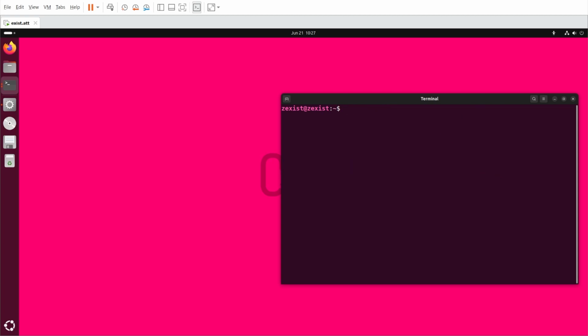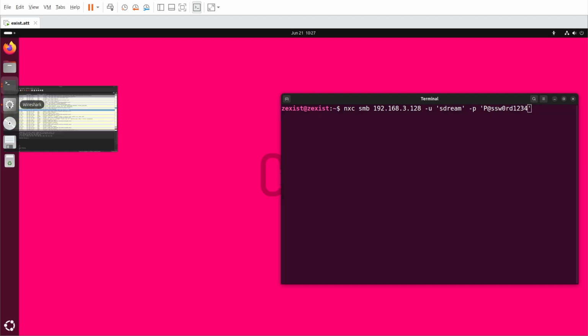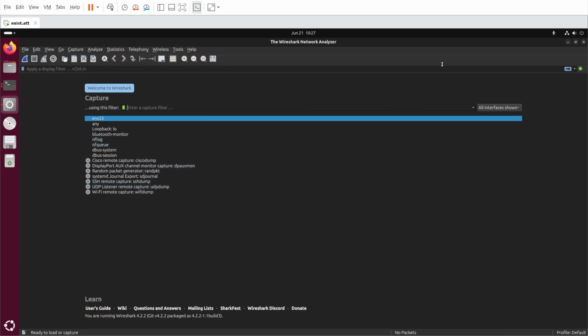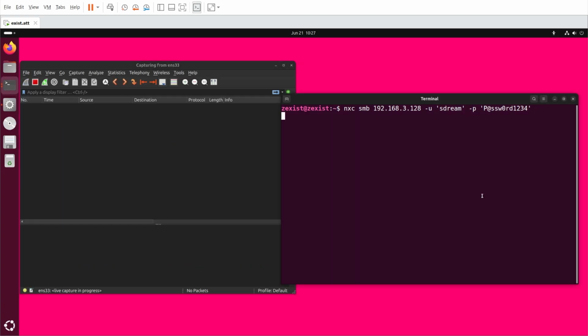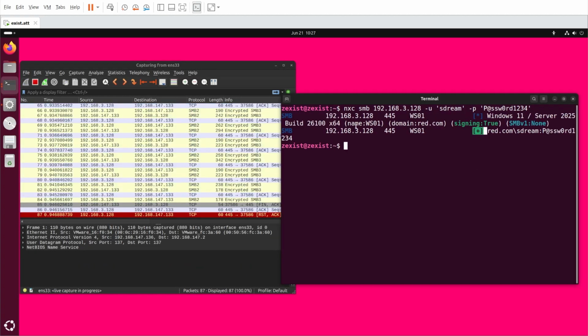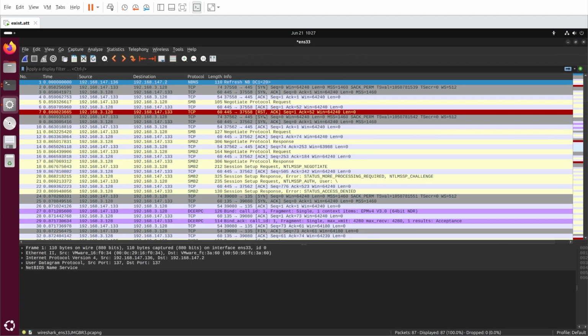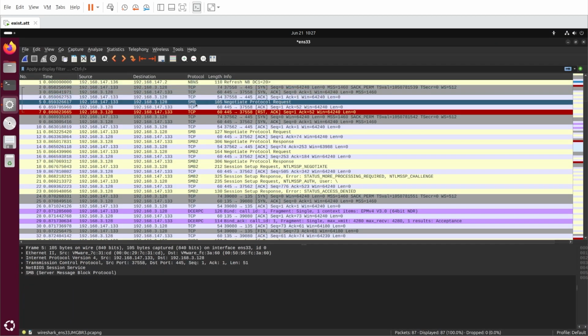Now let's try using NetExec. Again, we see the same 3 TCP packets.